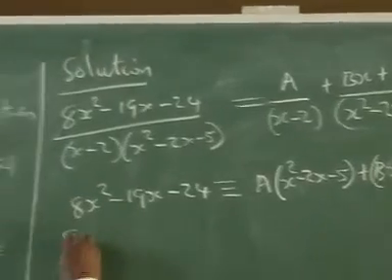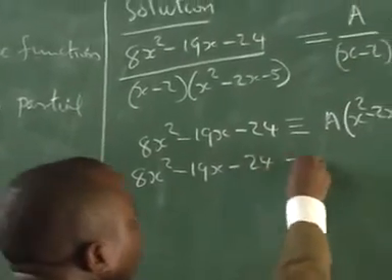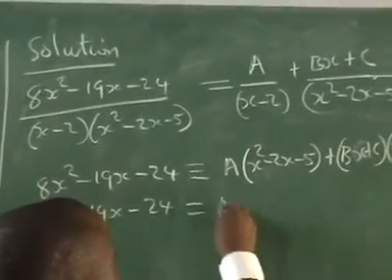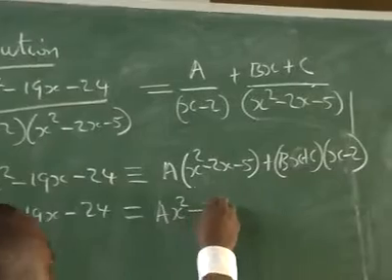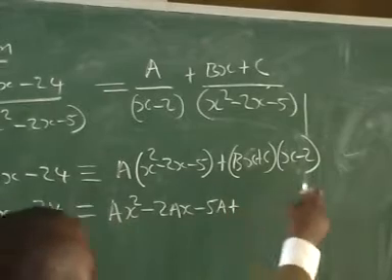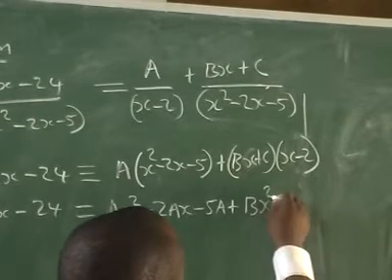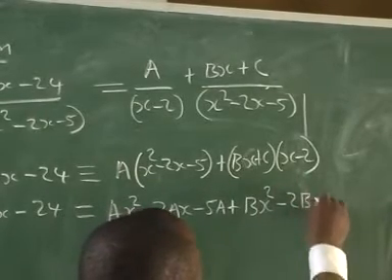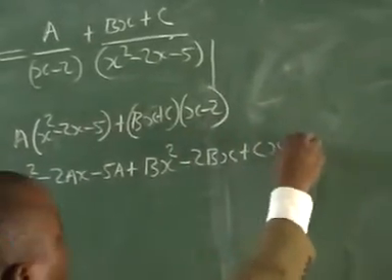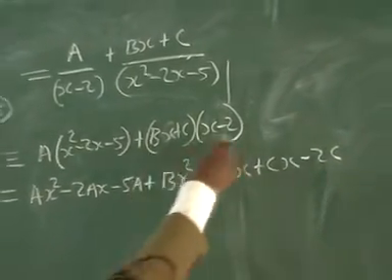Now this will give us 8x squared minus 19x minus 24, which is equal to, if I use this times this, 8x squared minus 2ax minus 5a plus, now this way, this times this gives bx squared, this times this is minus 2bx, then this times this gives plus cx, and this times this gives minus 2c. That is the expansion of the two brackets.